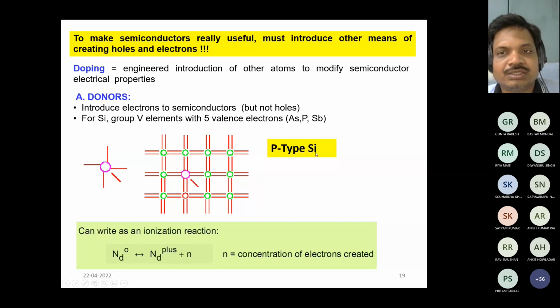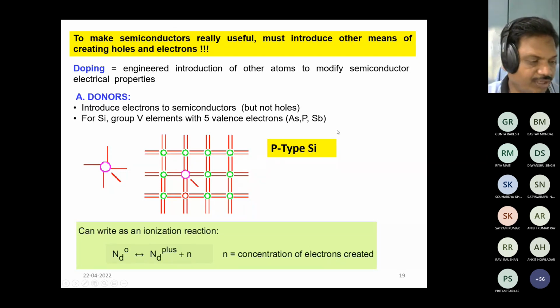This is one important feature in semiconductors, that is doping. Let us see. Now this is the atomic structure of the semiconductor. If you consider silicon or germanium, it gives this type of semiconductor crystal structure.